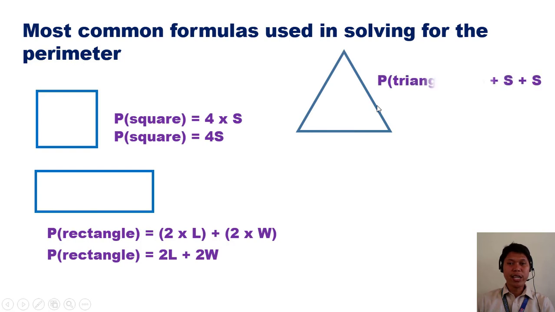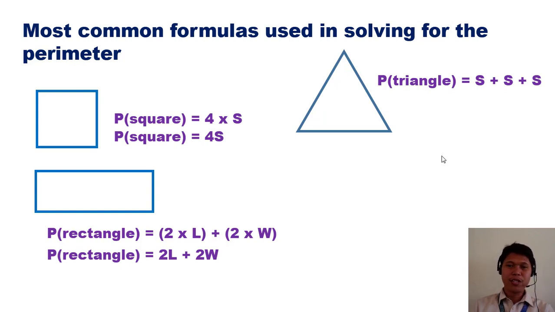And if it is a triangle, it is s plus s plus s. If they're all equal, it is an equilateral triangle, so we use 3s. But if they are not equal, then it is s plus s plus s, or a plus b plus c, depending on which letters you use to represent each side.